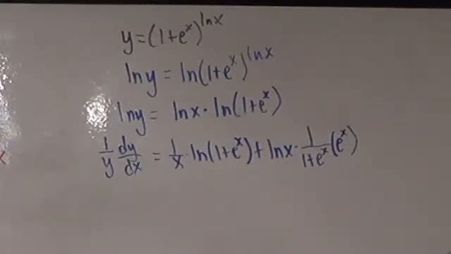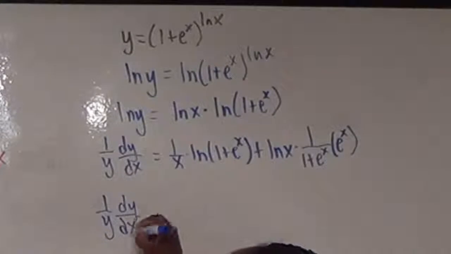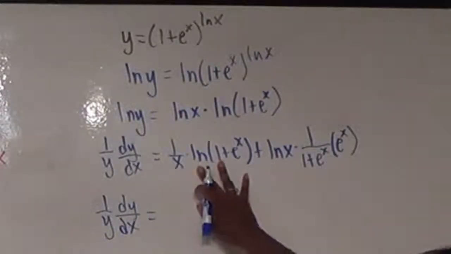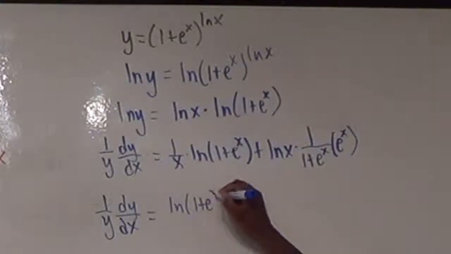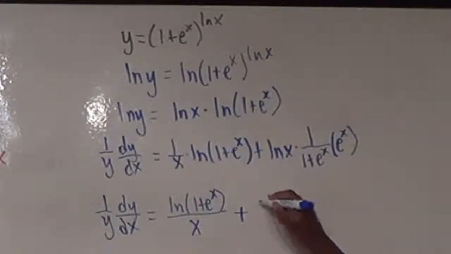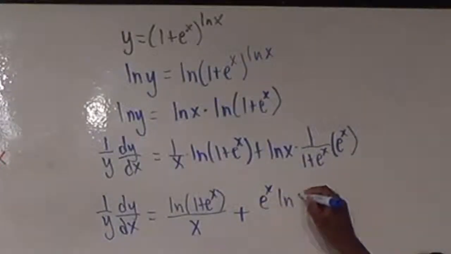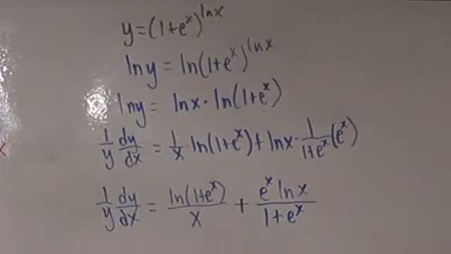That's where that other e to the x comes from. From there, we'll go ahead and rewrite. Not a whole lot we can do here. This is ln of 1 plus e to the x over x plus e to the x natural log of x over 1 plus e to the x.